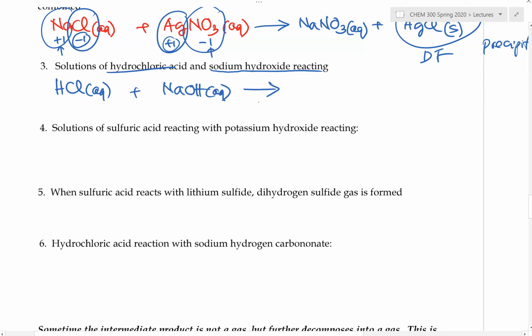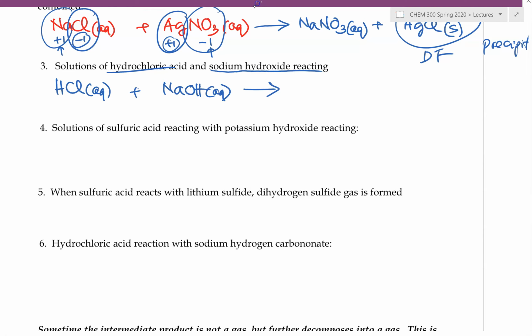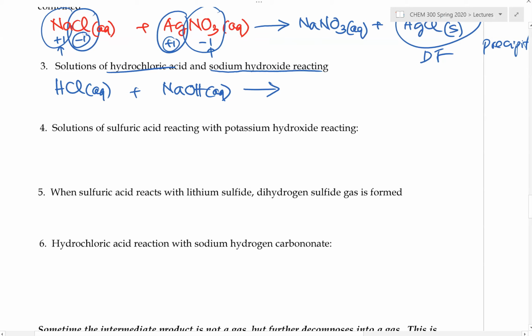Those are the reactants. Now again, let's predict the formation of the products. If the reaction is going to take place, in HCl the hydrogen is the cation and the chloride is the anion. And in sodium hydroxide, the sodium is the cation and the hydroxide is the anion.